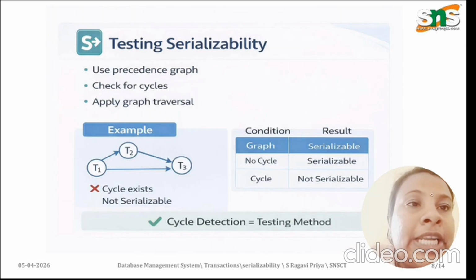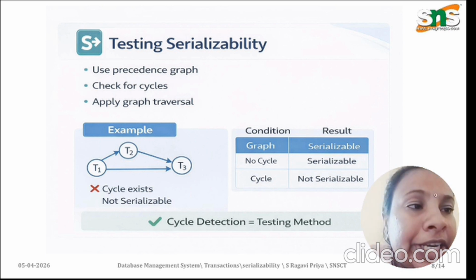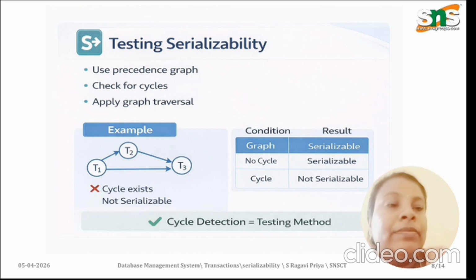So for testing serializability, use the precedence graph, check for cycles, and apply graph traversals. Example: a cycle exists, so not serializable. Condition and result: no cycle means serializable. If the precedence graph contains a cycle, it is not serializable. Cycle detection is the testing method.